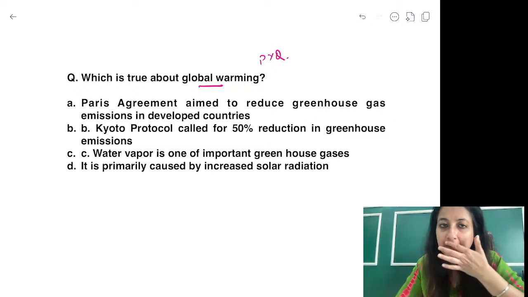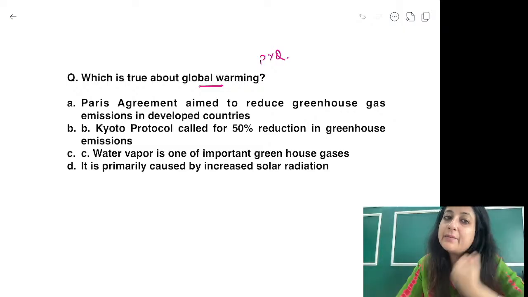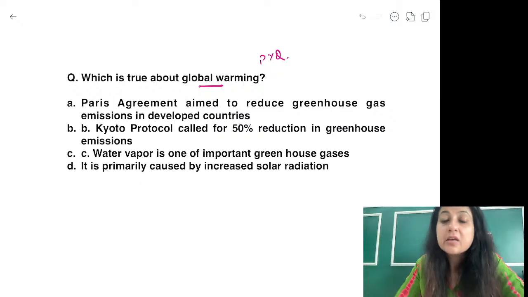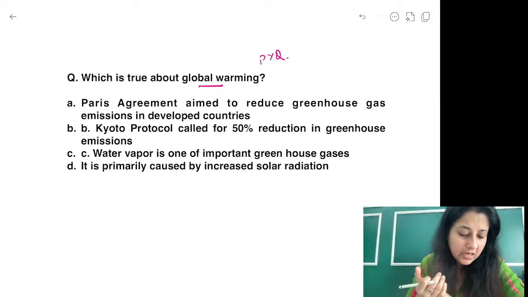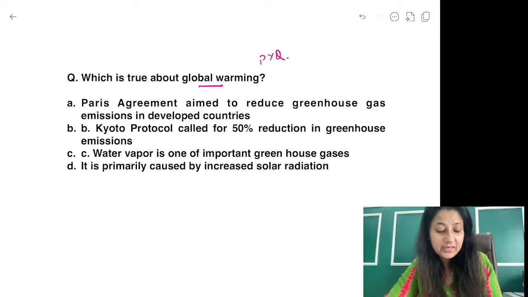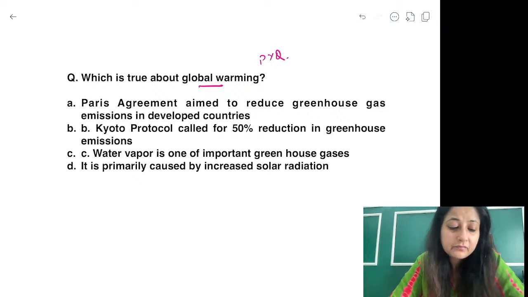Paris Agreement aimed to reduce greenhouse gas emissions in developed countries. Kyoto Protocol called for 50% reduction in greenhouse gas emissions. Water vapor is one of the most important greenhouse gases. It is primarily caused by increased solar radiation. What is your answer? Think carefully, guys.